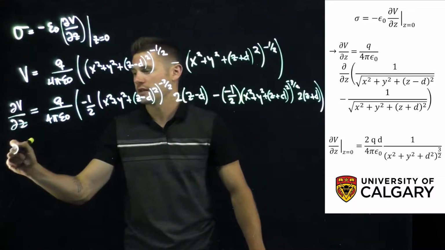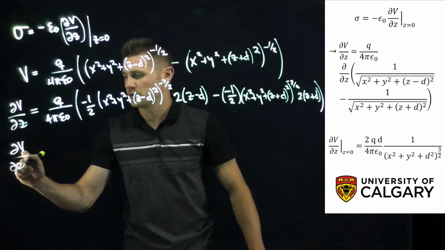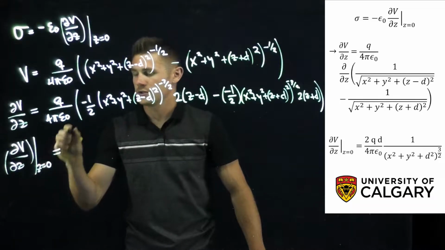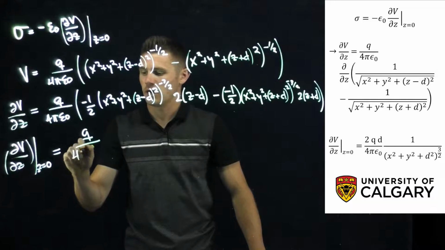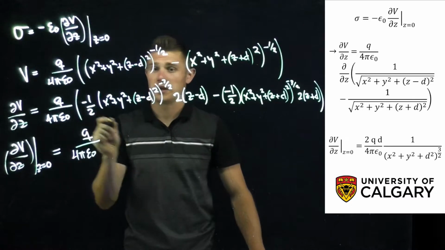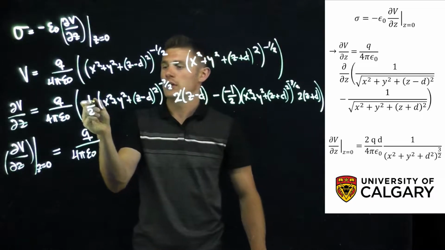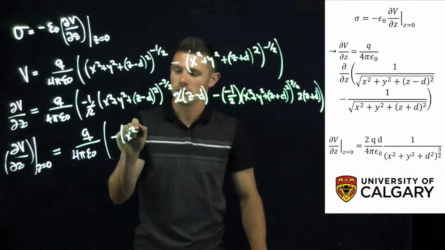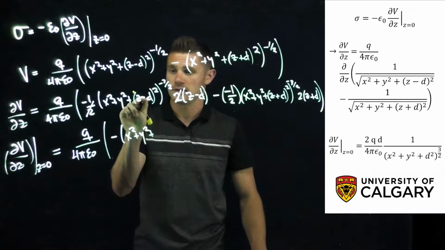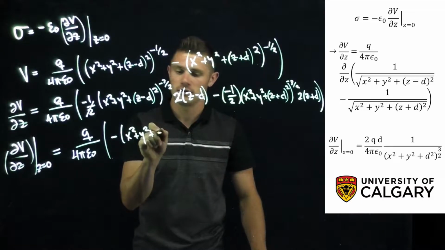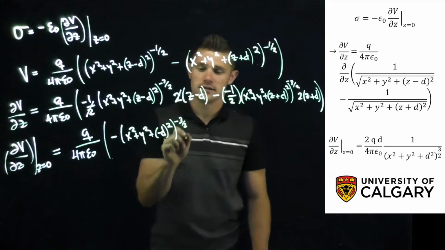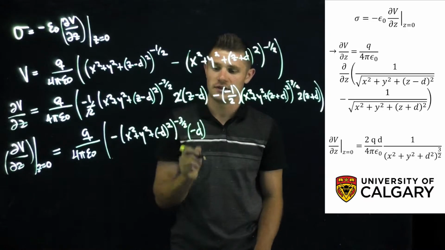Now we want to evaluate this at z is equal to 0. So we get Q over 4 pi epsilon naught. We can cancel out some terms here. We have a 2 and a 2, those will cancel. And we end up with negative (x squared plus y squared plus (0 minus d) squared) to the negative 3/2. 0 minus d will be just negative d here.